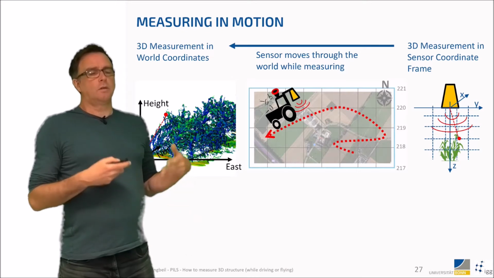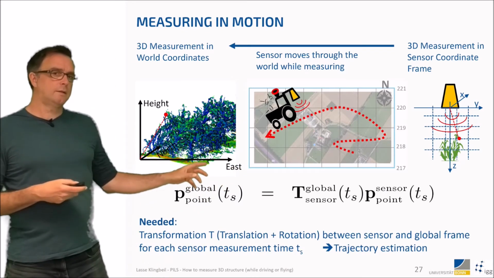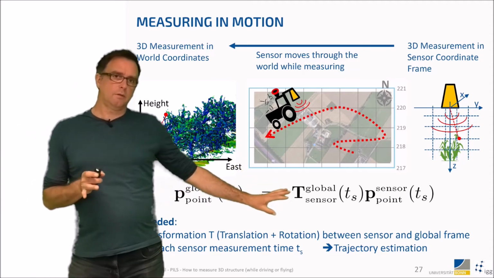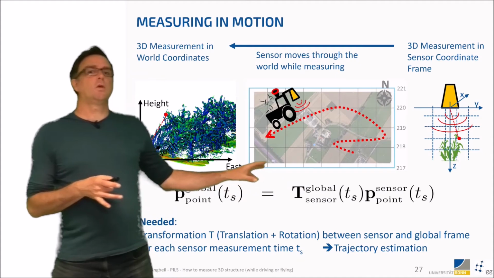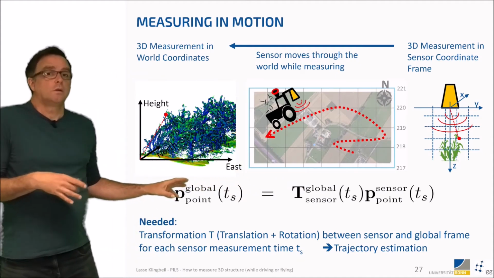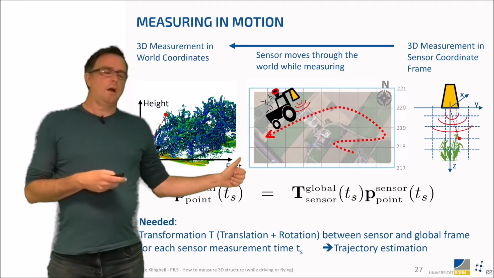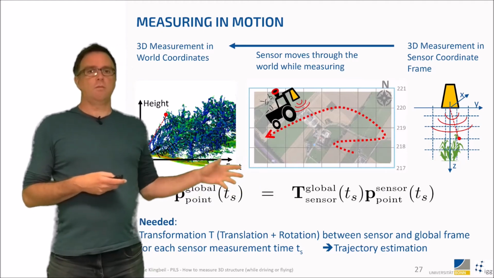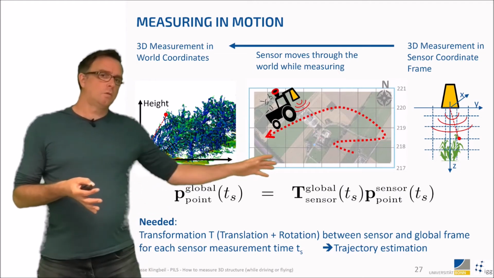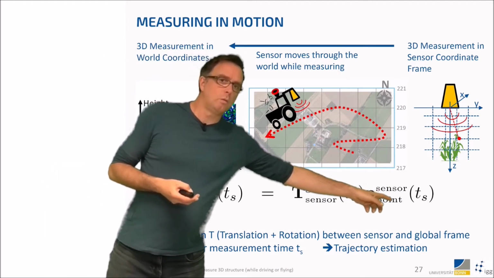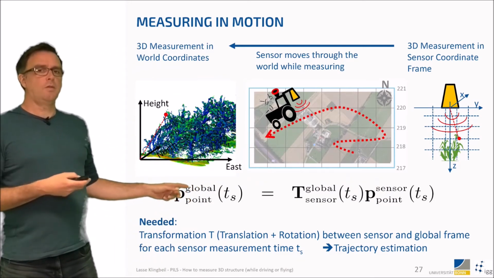So that means we need to generate this transformation, which transforms the coordinate system from the sensor into the coordinate system of the world, like the global coordinate system. This transformation consists of a position, a translation, and a rotation. And we need to determine this translation and rotation in order to be able to transform this local point in the sensor system to some global point coordinate in the global system.